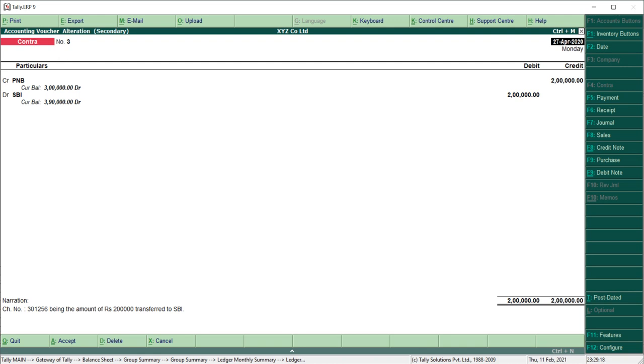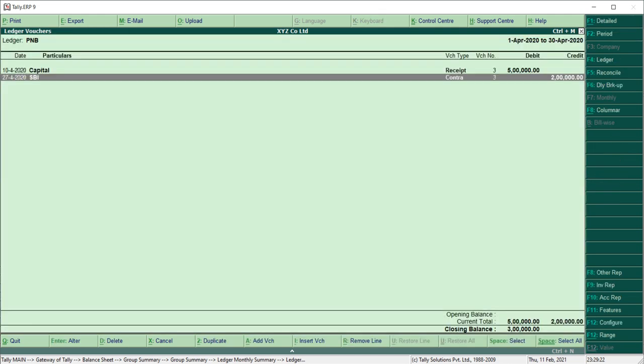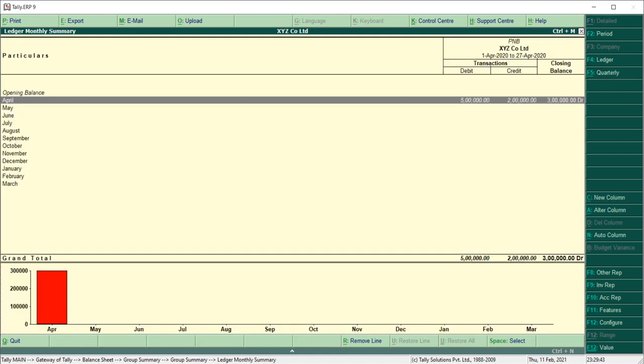The only thing to remember in Contra Entry is that these transactions are not outside the business organization. They are within the business organization, happening cash to bank, bank to cash, or between two banks. So very simple to understand, and that's all about Contra Entry.